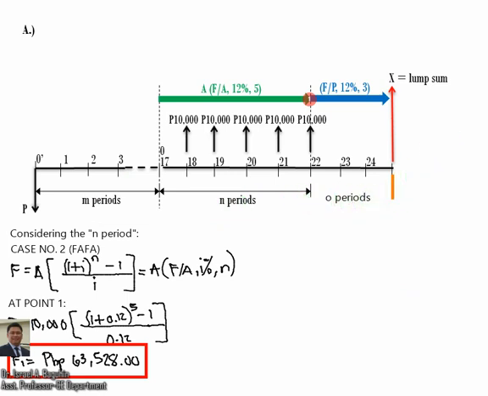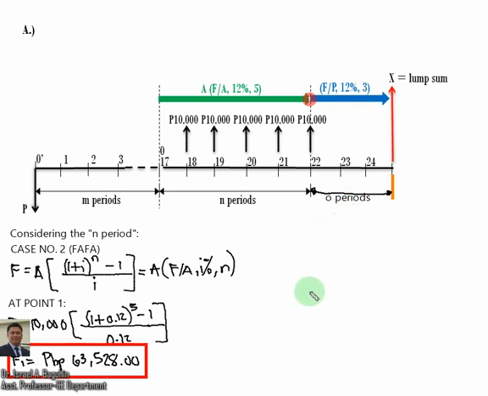So we have now these periods here. We may indicate this one with this arrow, this period here, and this one. This is our o periods.